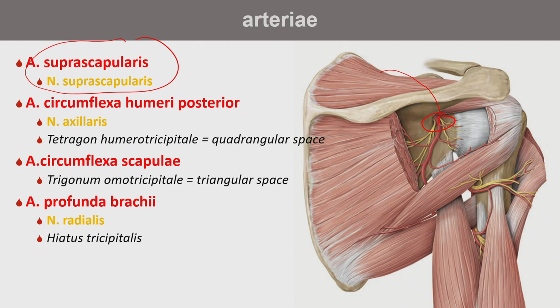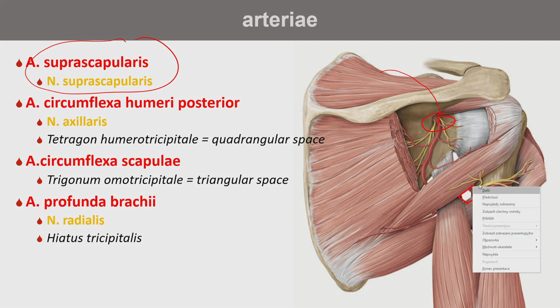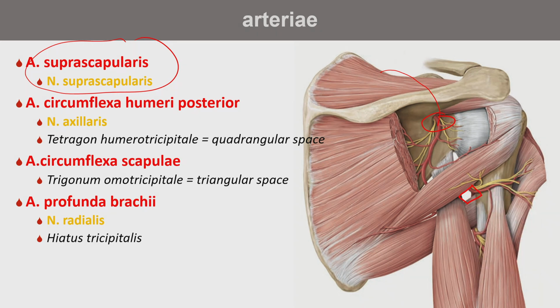Then we can observe here three important spaces. The first is the quadrangular space, because it has four margins. It is a space where the axillary nerve emerges from the deep axillary structures and is accompanied by a circumflex artery.